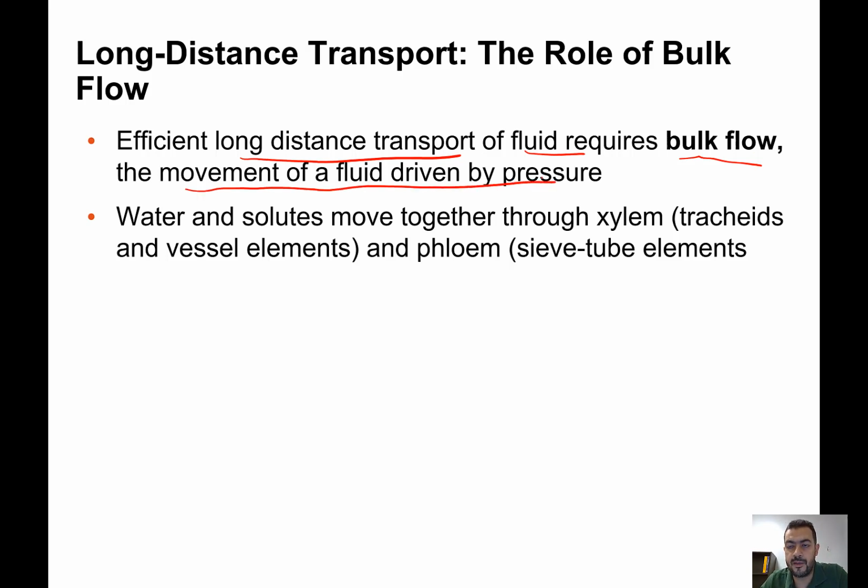So in order to transport fluids throughout the body of the plant, this needs to be done under pressure, and this is done through the movement through xylem and phloem. Water and solutes will move together. This is important.